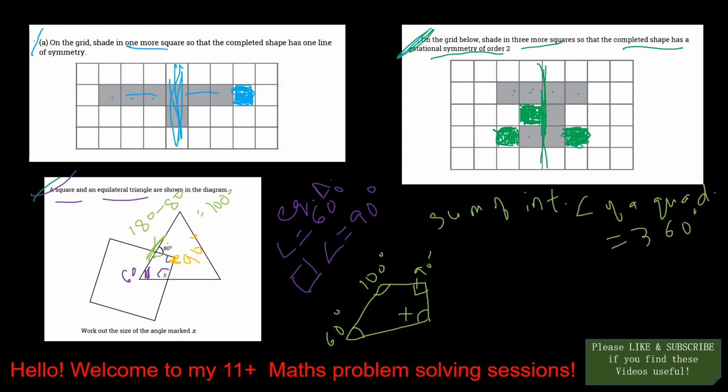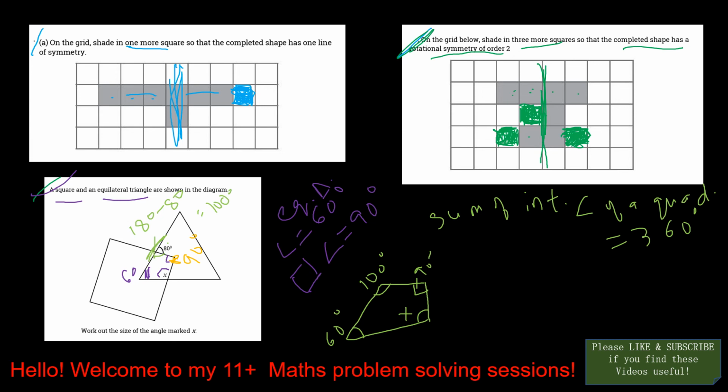So this is 90, this is 100 degrees, this is 60 degrees, this is x, and this I've already said is 90. Now we know this is a quadrilateral, and the sum of interior angles of a quadrilateral equals 360 degrees.